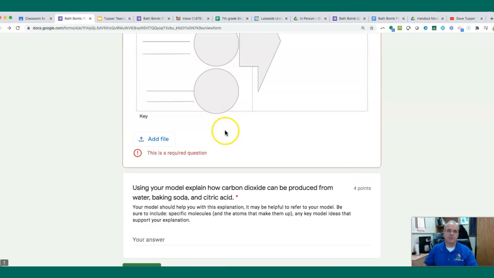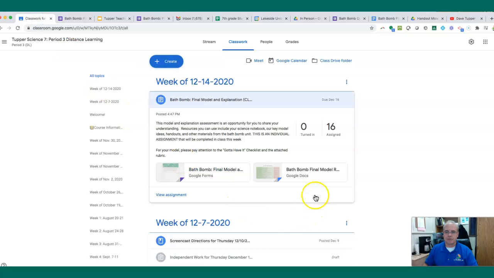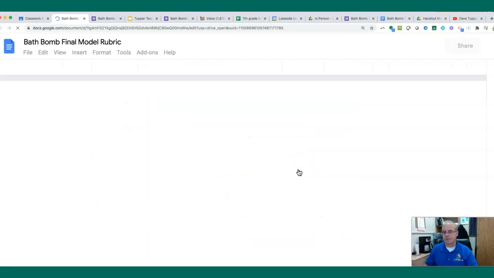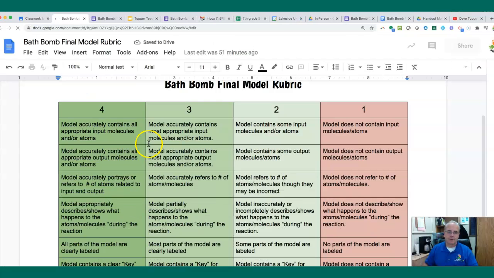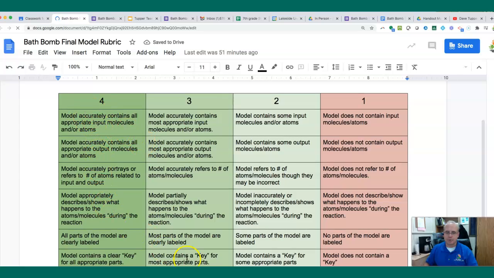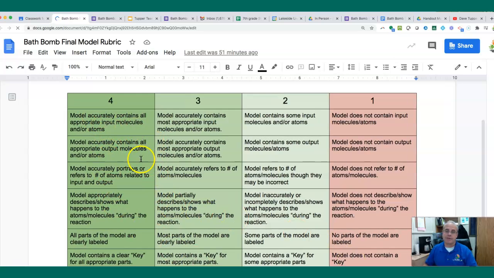But I want to remind you, before you submit, in Google Classroom, there is a rubric for your model. So you might want to check that before you submit, or even as you're doing your model, right? Does it contain all the appropriate input molecules or atoms? Do you have all the output molecules or atoms that you feel like we might need?